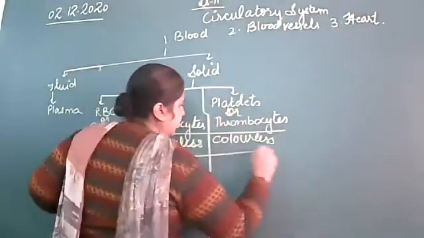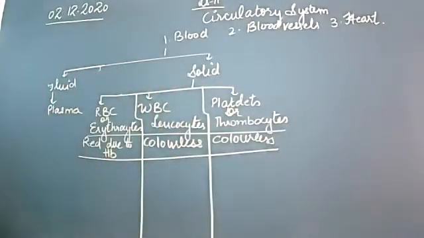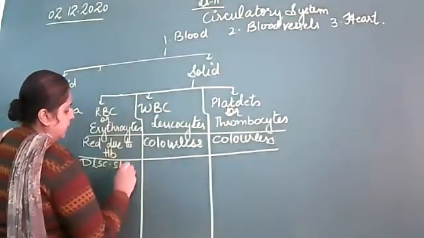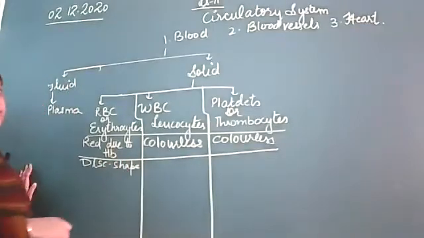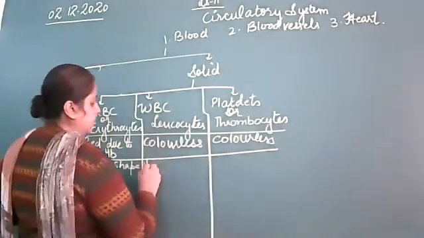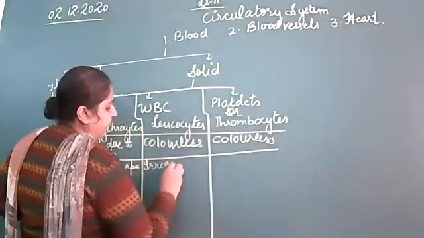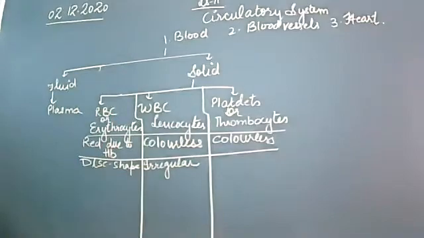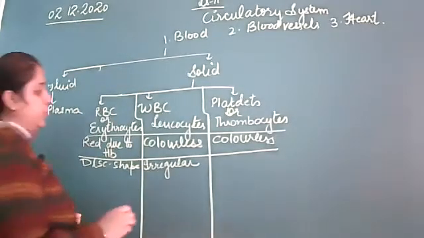Next, coming to their shape. RBCs are disc shaped. Then WBCs are irregular shaped, कोई भी shape हो सकती है इनकी. Then platelets are round.